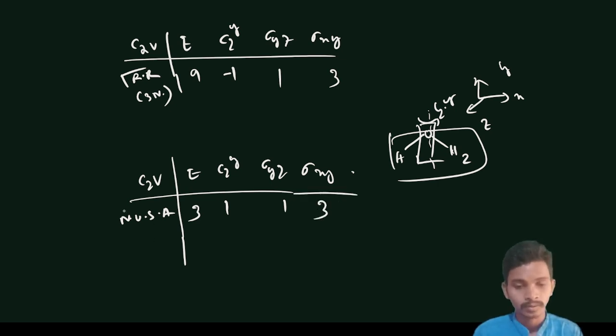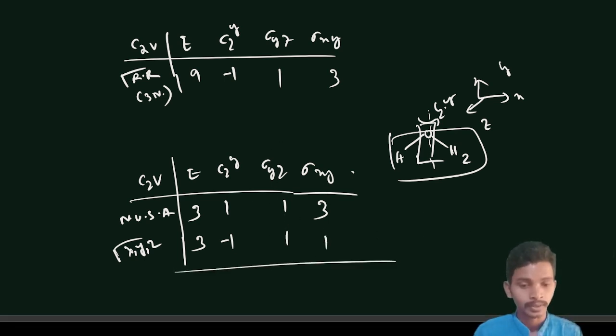And for that we know the characters, that is in the X, Y, Z basis, the characters of E. E is always 3, and C2(y) is always minus 1, and this is always 1, and this is always 1 for characters. Okay, that we know.